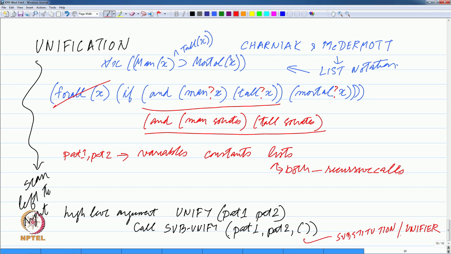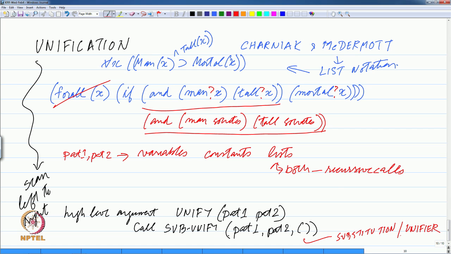So, in this example, you can see that both the patterns that we are trying to unify, and man x tall x and man Socrates tall Socrates, are both lists.